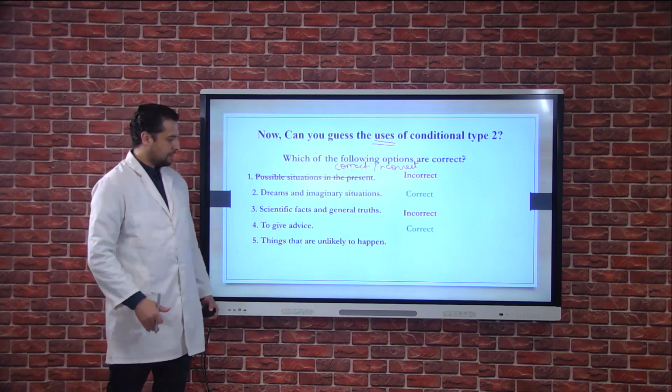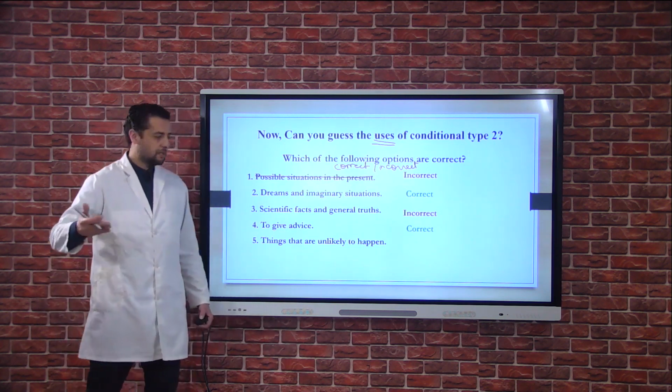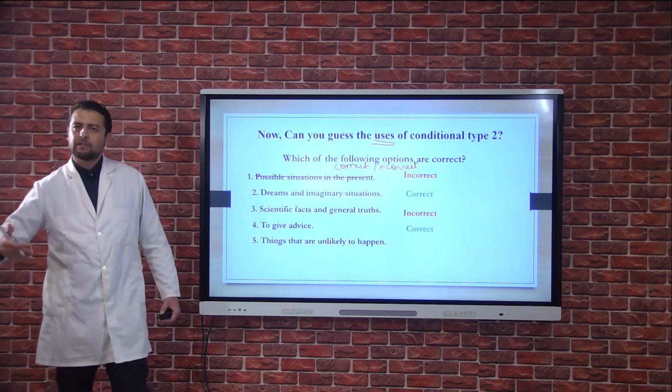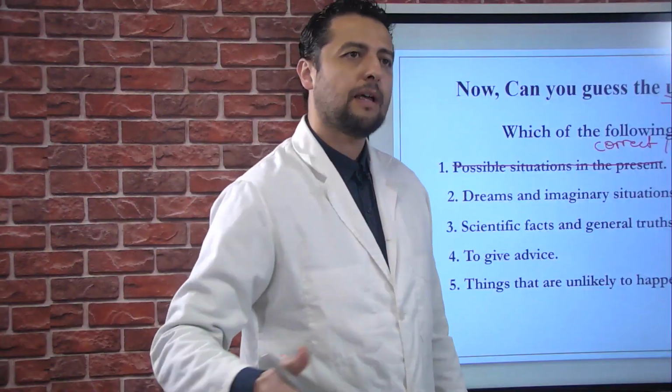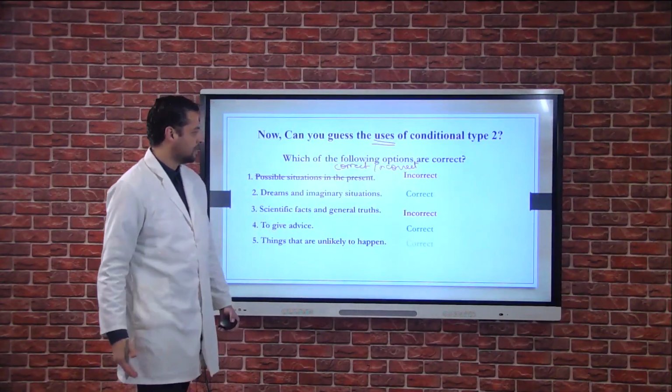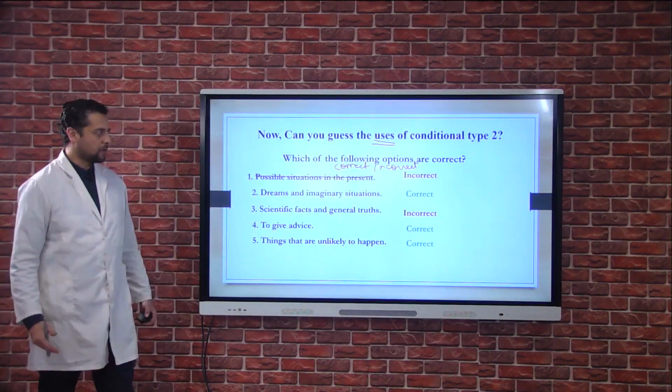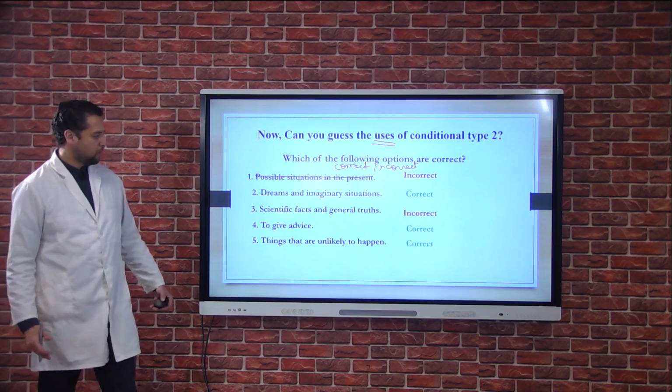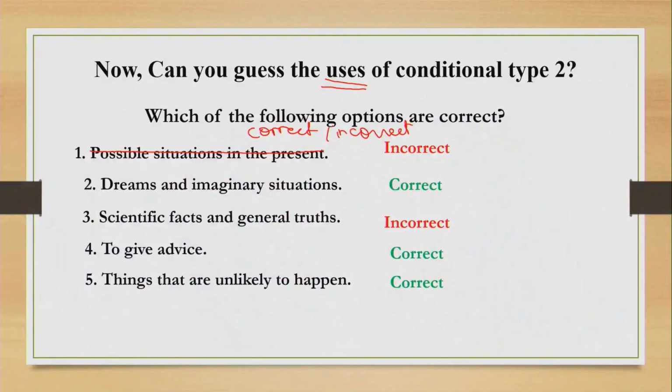What about things that are unlikely to happen, which means something difficult to happen and may not happen? Yes, it's correct. We use conditional type 2 for things that are unlikely to happen. So let's recapitulate then.